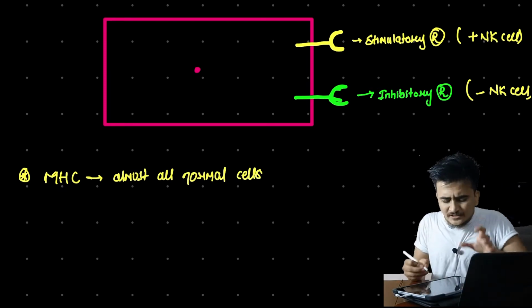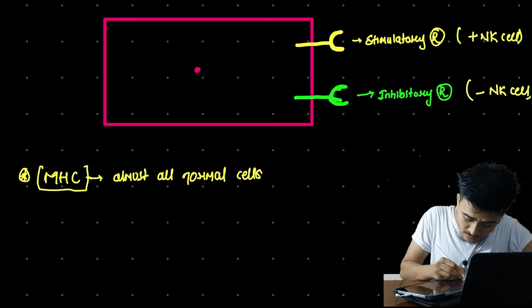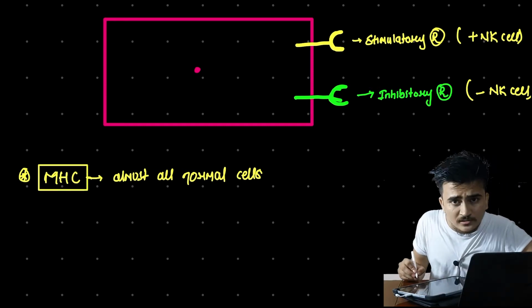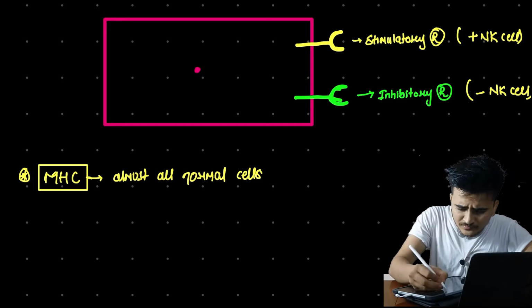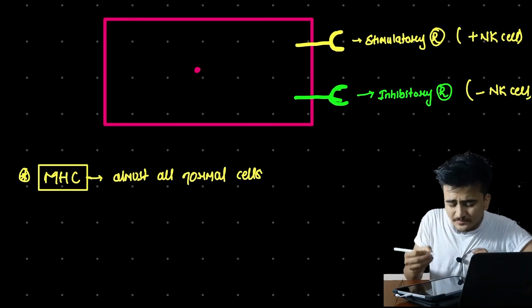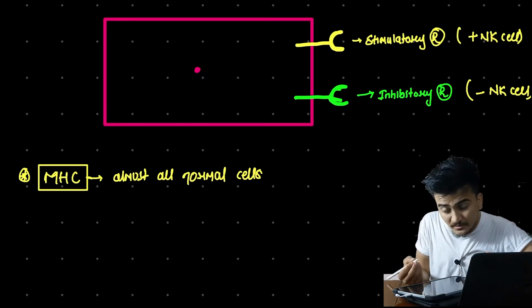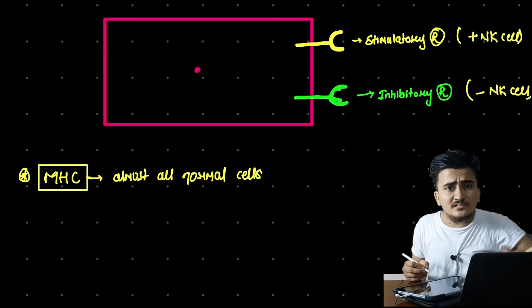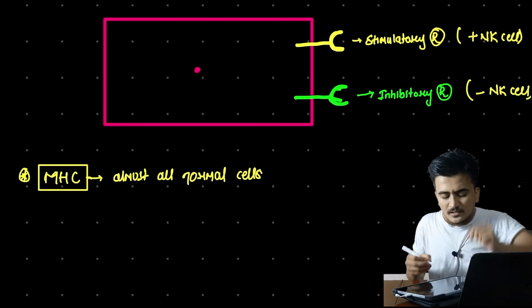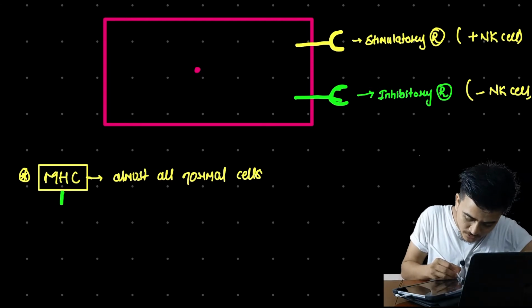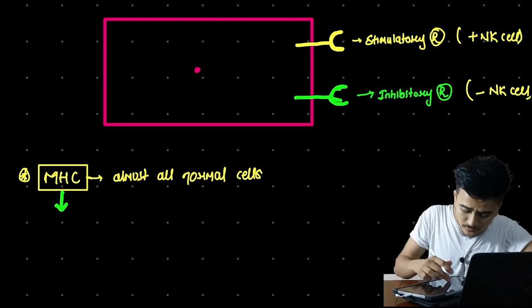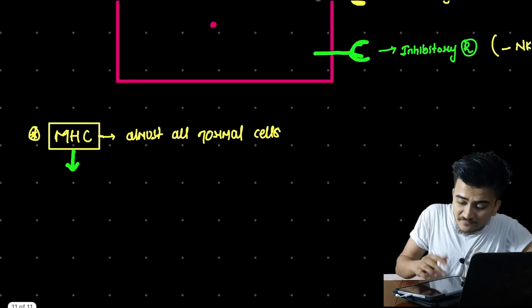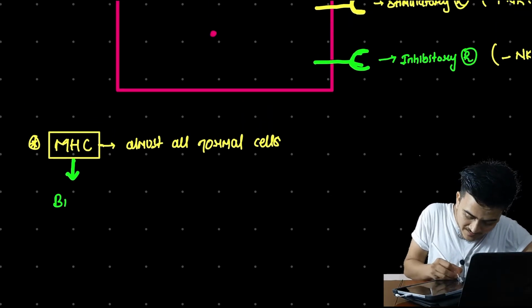Another point we need to know about MHC is there are some exceptions where they are not present, and we will be talking about them in the separate lecture on MHC. Another point about the MHC molecule is that it binds to the inhibitory receptor of NK cells.